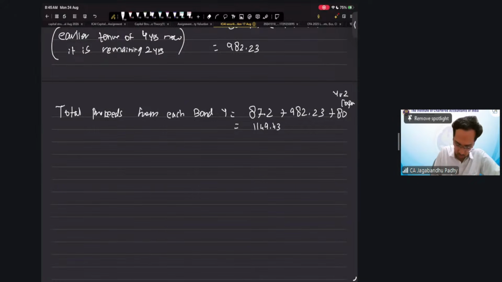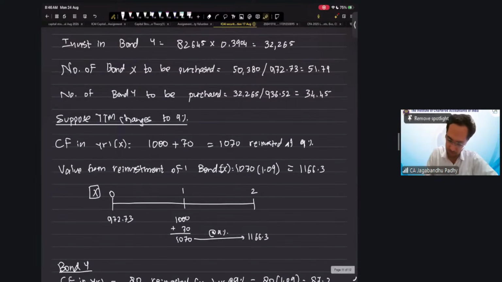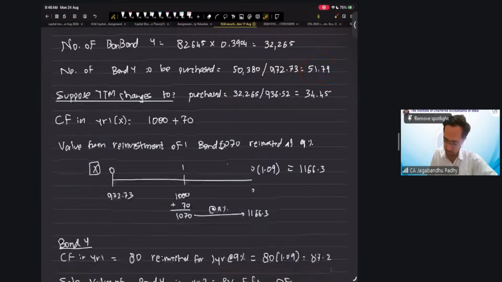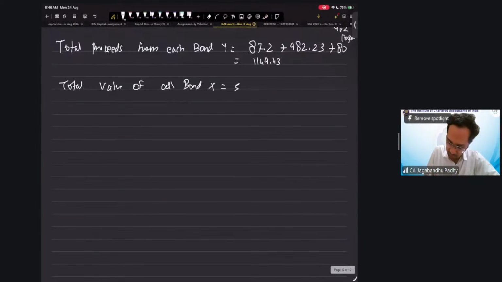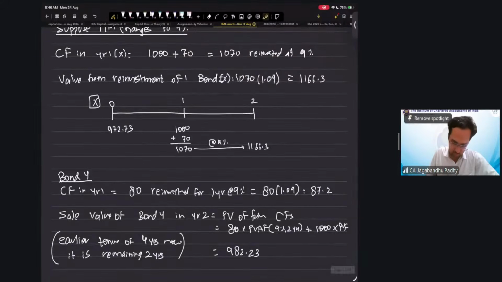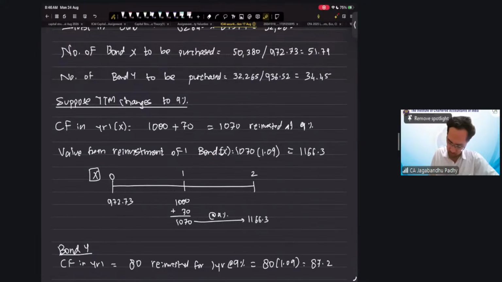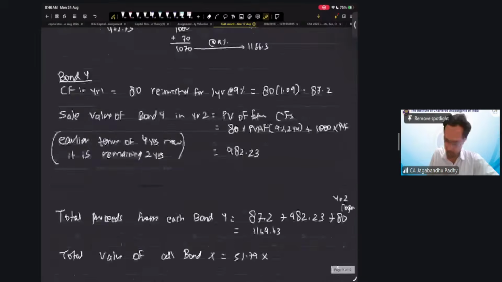Now, what is the total value of all bond X? How many bond X did we invest in? We invested in 51.79, so 51.79 into the value of bond X, which is 1166.13.